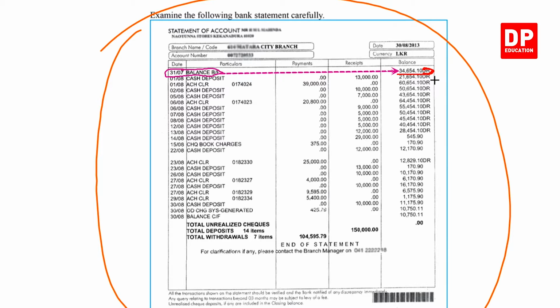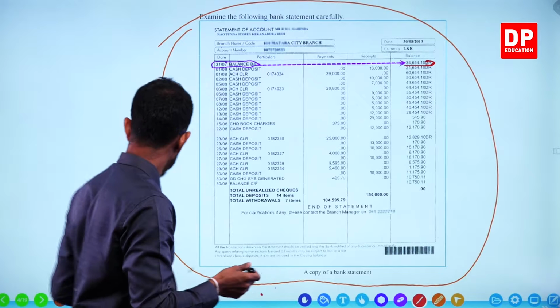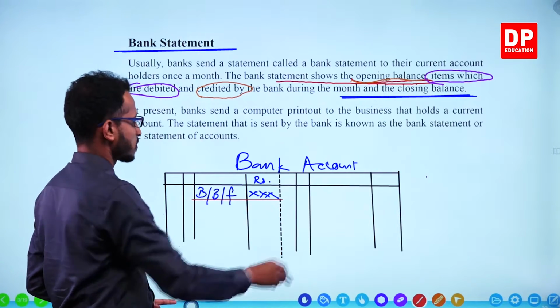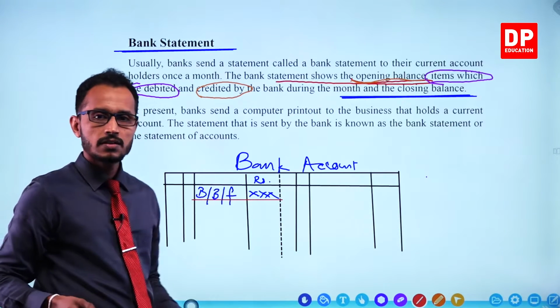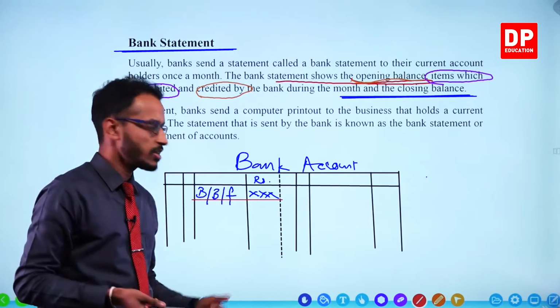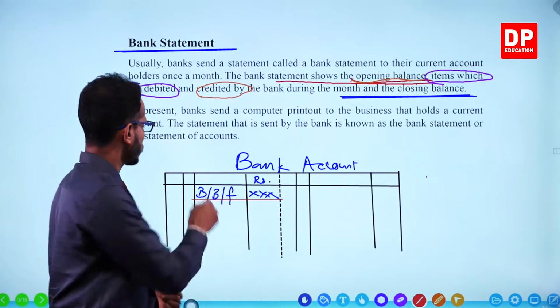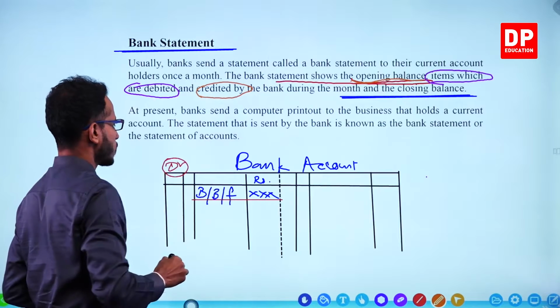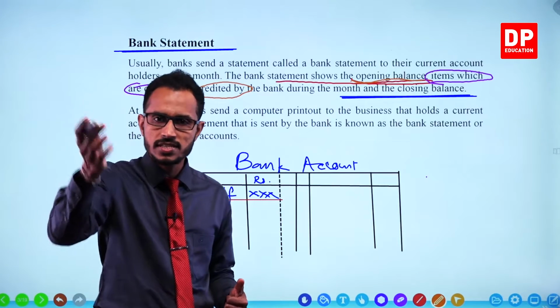34,654 DR. So debit balance, just like our bank account. Balance brought forward to the debit side, DR. Isn't it?